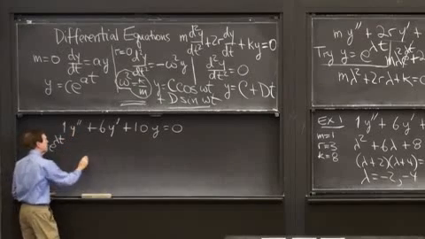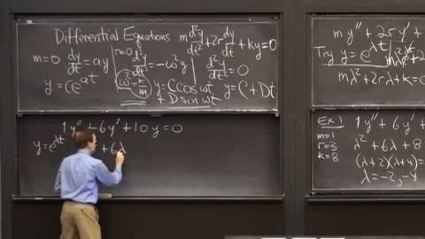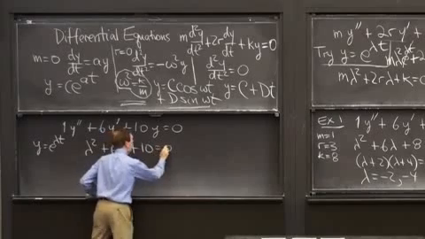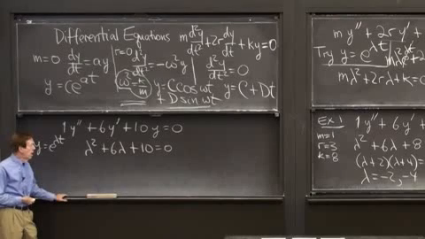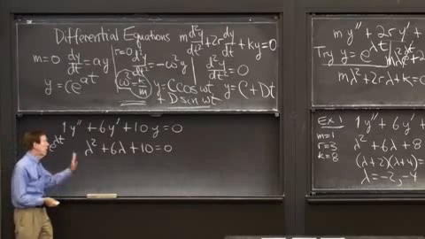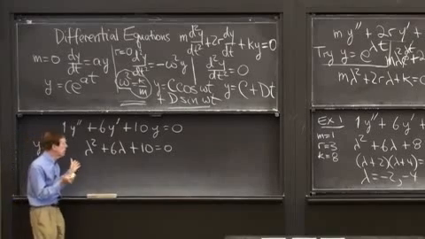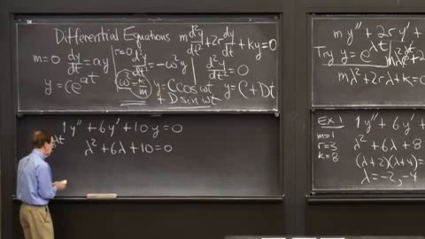Two derivatives bring down lambda squared, one derivative brings down lambda, no derivatives leaves the 10, equals 0. That's my equation for lambda. I don't know how to factor that one. And in fact, I better use the quadratic formula just to show what happens here.